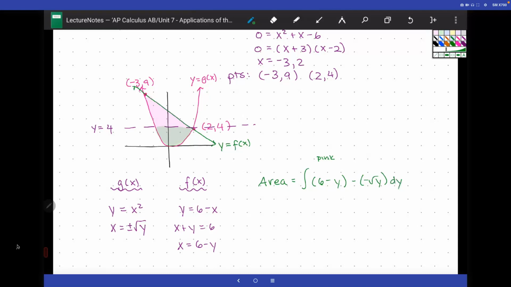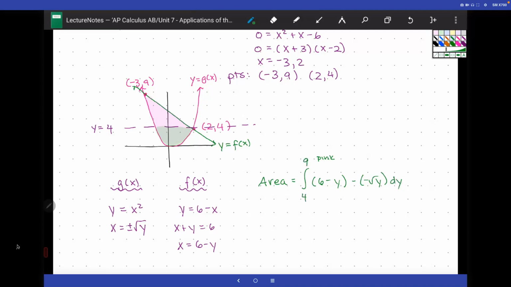And then what about my limits of integration? Anybody have any idea what the limits of integration are going to be? Yoje? It is. Very good. This time we're looking along the y-axis because it's a dy problem. So the area starts down here at y equals 4 and goes all the way up to this point where y equals 9.